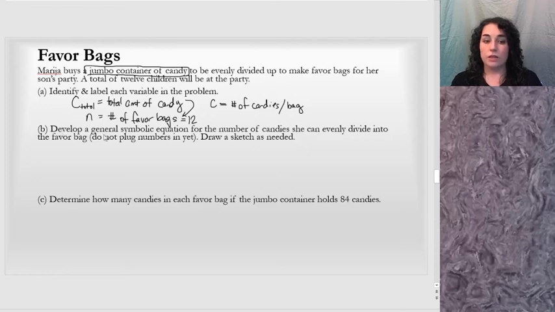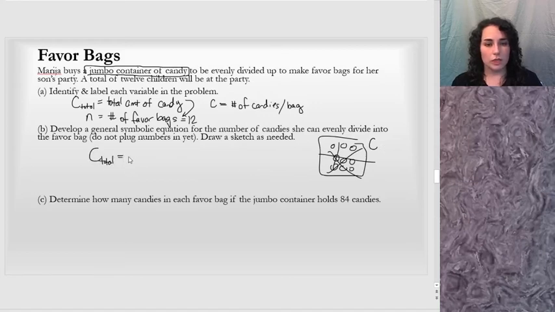Okay. Develop a general symbolic equation for the number of candies. Just like we did in the previous problem, we're going to take these symbols and develop a symbolic formula to relate them all together, right? Draw a sketch as needed. Do we need a sketch? I mean, we have a big container of candies, and there's a bunch of candies in there, and then we're going to divide them up into 12, right? So the total number of candies, C total, will equal the number of favor bags times the number of candies per bag.